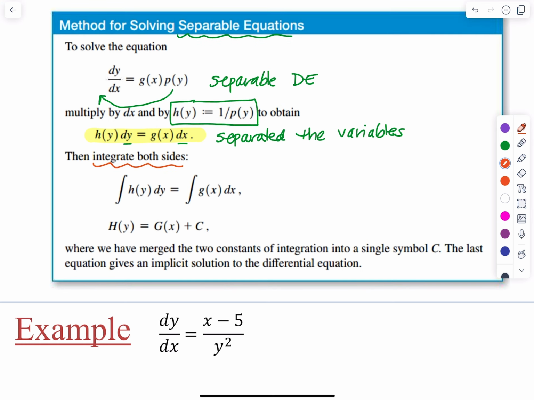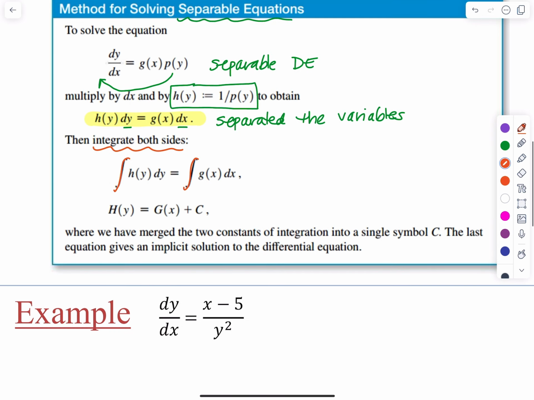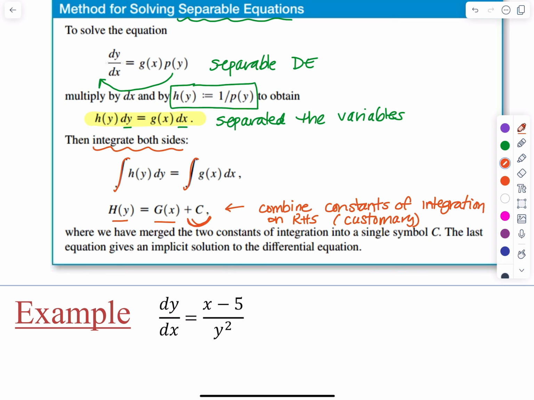We're going to integrate both sides, and we will come up with the antiderivative of the left-hand side is equal to the antiderivative of the right-hand side, and we're going to combine both constants of integration on the right-hand side. And that's customary. Okay? Well, let's give it a try.